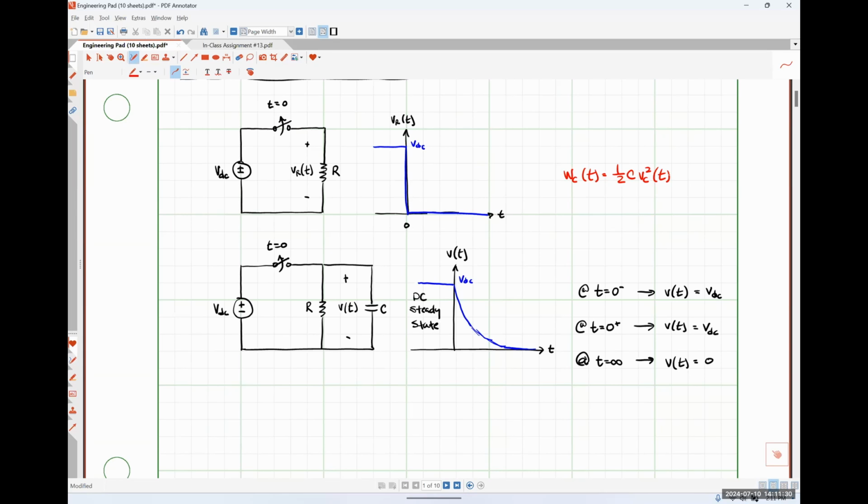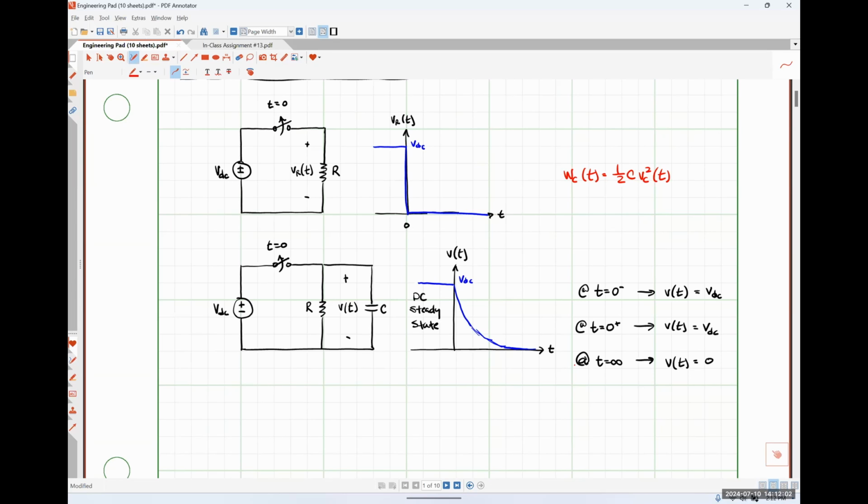So at t equals 0, the voltage drop across the capacitor is non-zero, so there's energy stored in the capacitor. When that switch opens up, that resistor is going to gradually convert the energy that was stored by the capacitor into heat. That energy conversion takes time, and that's why we see the voltage drop gradually decay toward zero.